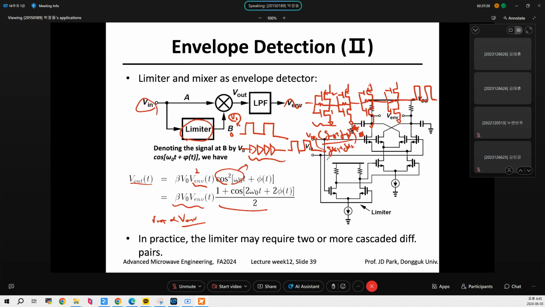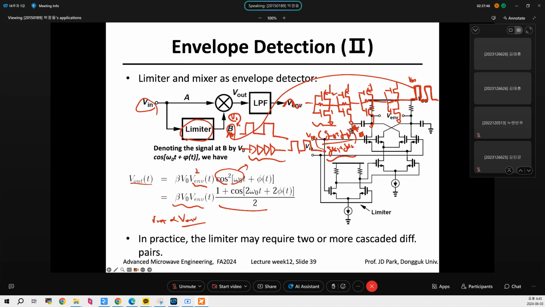This gain must be very large, right? Therefore, a small amount of change will induce a swing rail to rail up to VDD, and a small amount of change the other way will go to 0. So it becomes like this. Make sense?